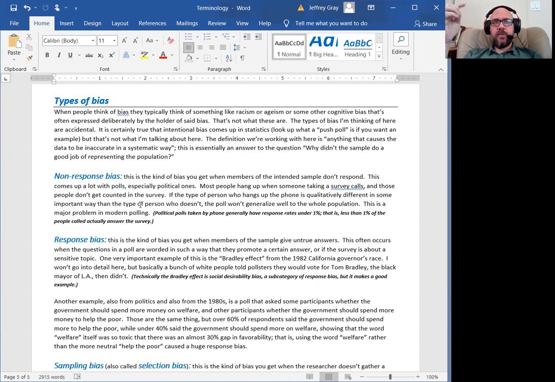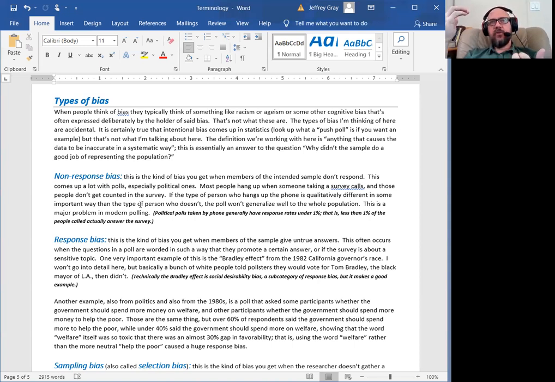But how you phrase it matters, because the Republican Party basically poisoned the word welfare so much, people were sort of primed to say welfare bad, and no, we shouldn't do more welfare. But people are actually, in their hearts, compassionate and wanted the government to do more to help poor people.